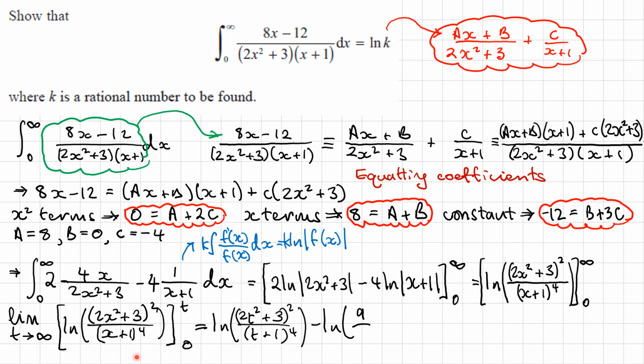And then at the bottom, when I put 0 into here, it'll just be 0 plus 1, 1 to the power 4 is 1, so log 9 over 1, which I could also write as just log 9. So I'm doing some in my head here, but hopefully you can follow my working.